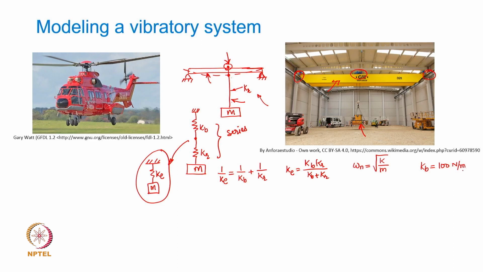These numbers may not be realistic for this particular case, but the relative values could be realistic. For example, if the rope stiffness turns out to be just 10 Newton per meter, and in comparison the girder stiffness turns out to be 100 Newton per meter, and the mass being lifted, again not so realistic a value, but they are going to be relatively similar to the actual case.